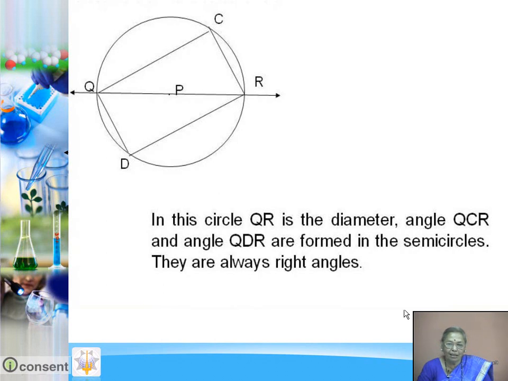In these 2 semicircles, if you take any point, then the angles formed are always right angles, and that is why the angle inscribed in a semicircle is always a right angle.